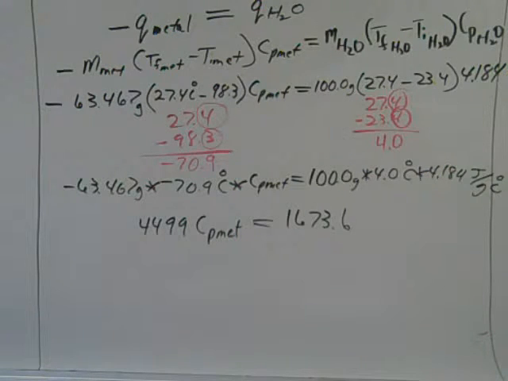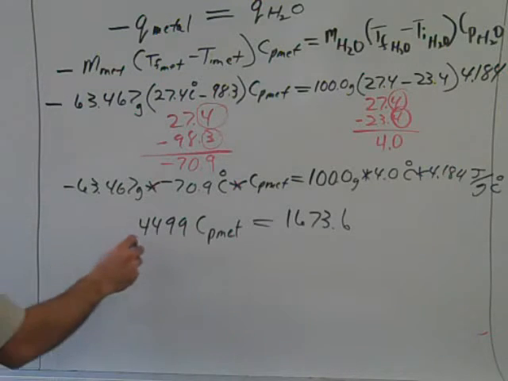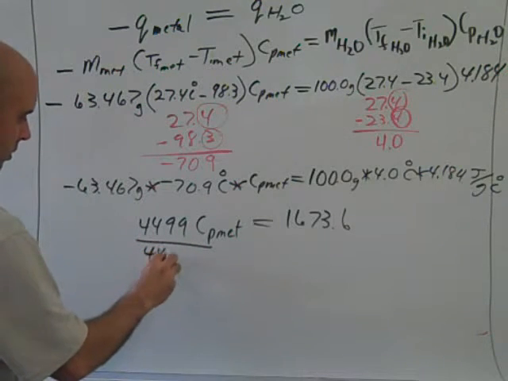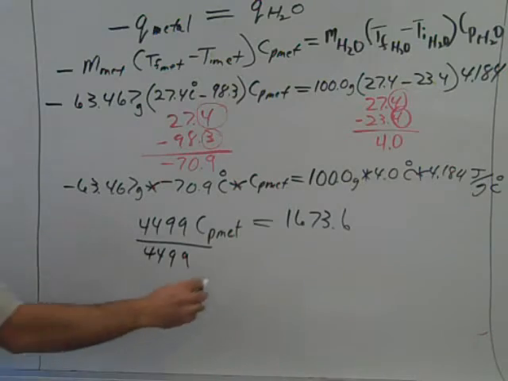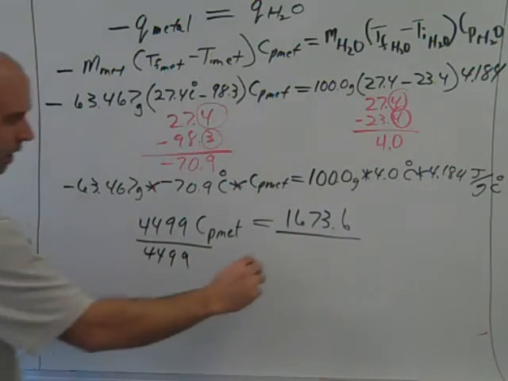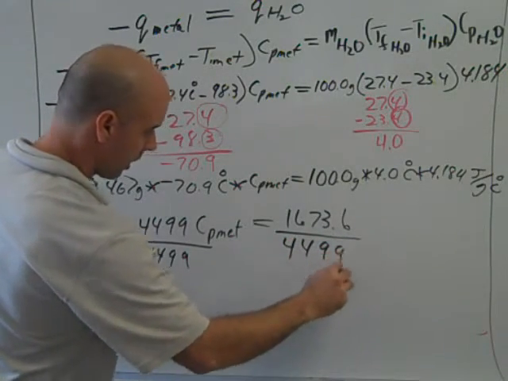The last step then is to divide. If I'm going to divide that side by 44.99, I have to divide this side by 44.99.